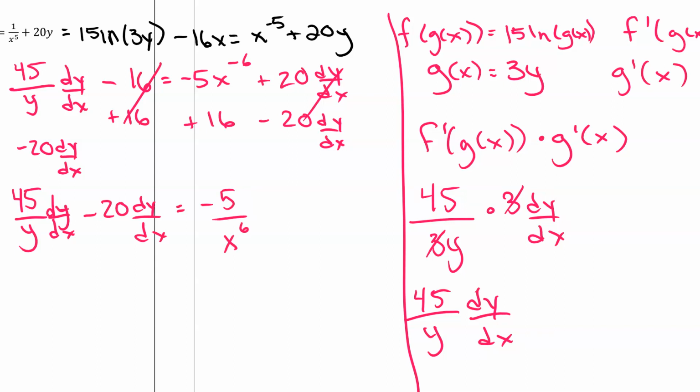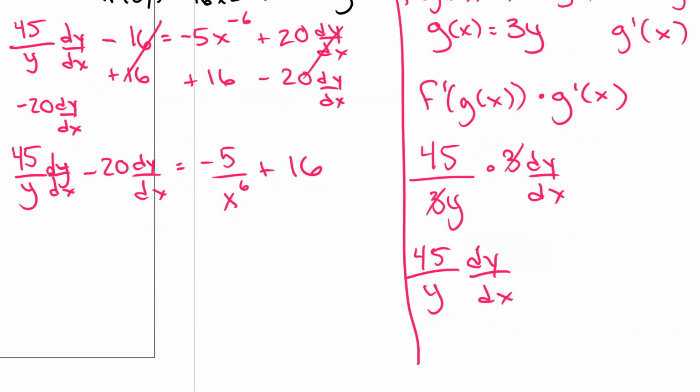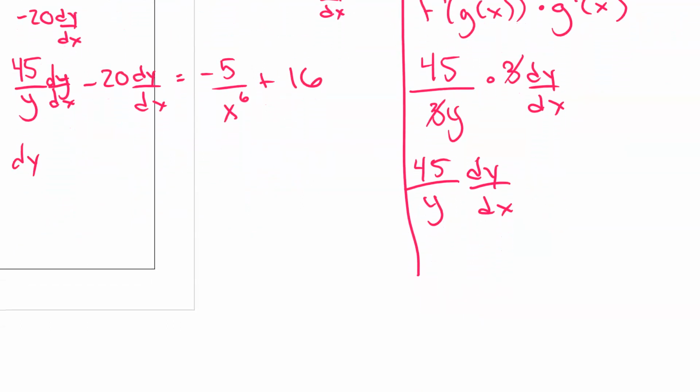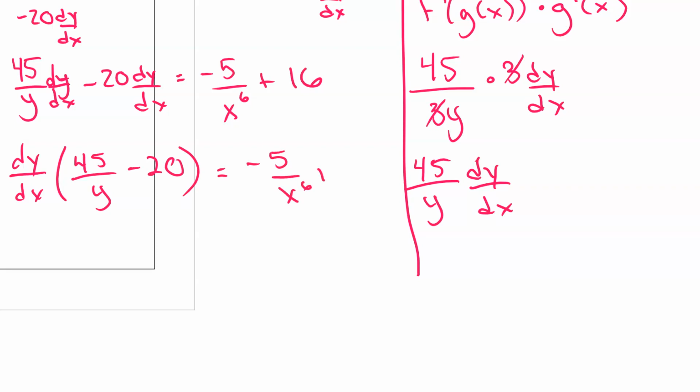I'm just going to rewrite that negative exponent on the denominator. All right, and then we're going to factor out dy dx. We're going to be able to do some like denominator business here. All right, so it's going to get a little uglier before it gets better.